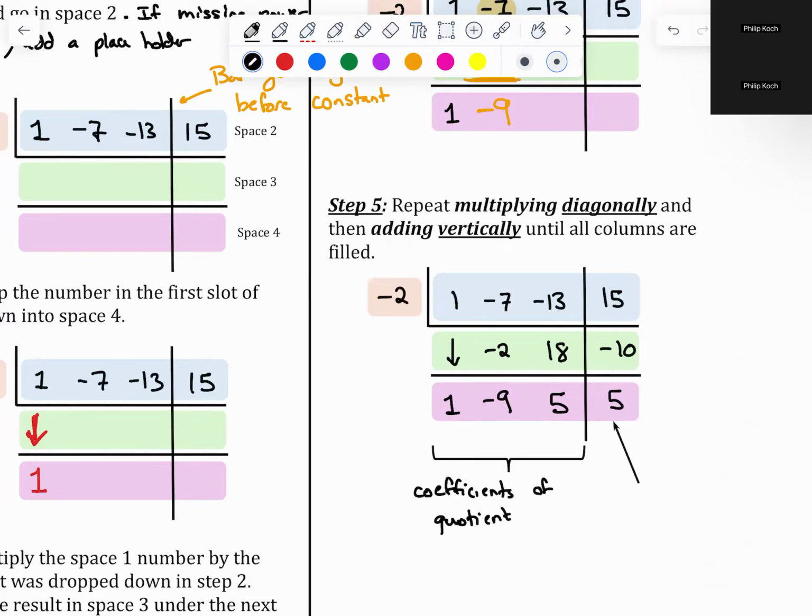And this is the remainder. Any questions on that?